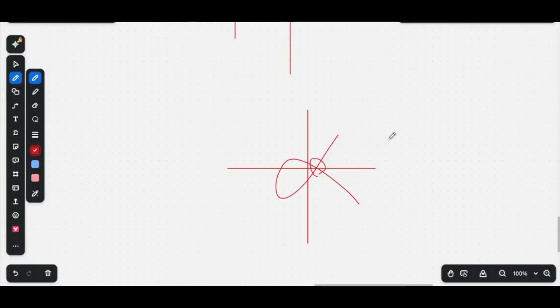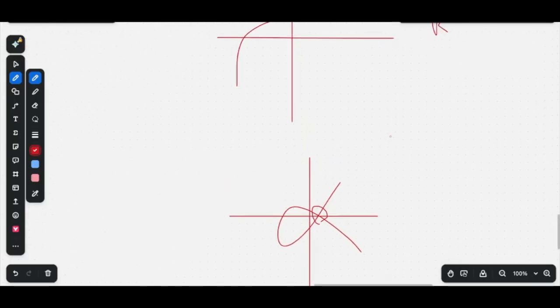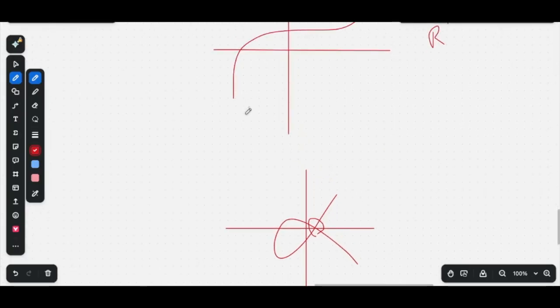Locally right here, this crossing does not look like R1. For a manifold, you can zoom in at any point, and if you zoom in enough, every single patch along the manifold will look like R1. Here, no matter how much you zoom in, it will not look like R1.